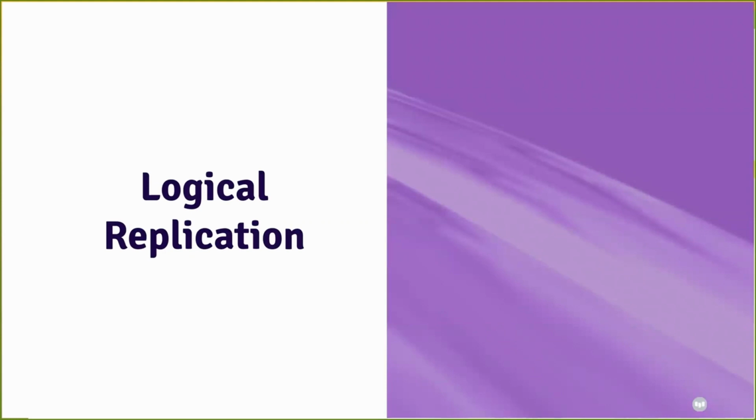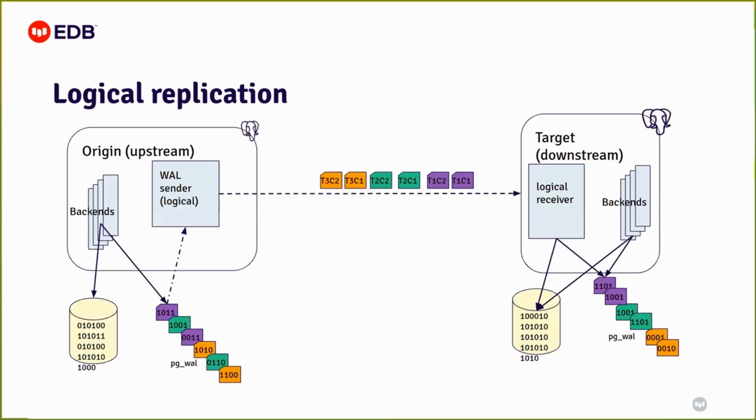Logical replication is now supported for at least the last few releases of PostgreSQL. So let's talk about it briefly. As shown in the diagram, there are two PostgreSQL servers. We are replicating the changes that are happening on the upstream or origin to the target or downstream.